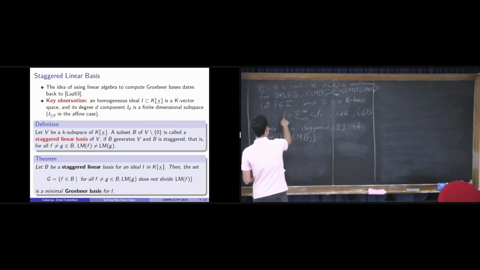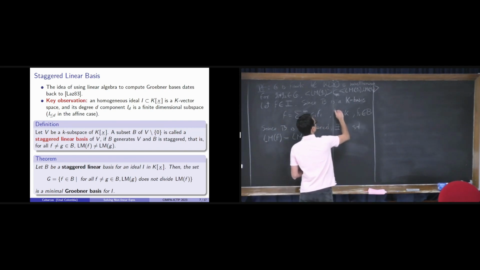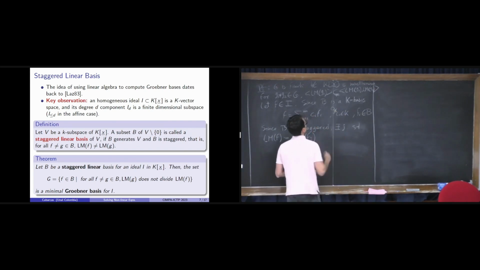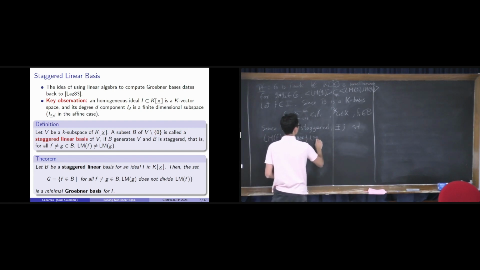The leading monomial of f has to be happening in one of those f sub i's. So if you look at the maximum leading monomial of the f sub i's, this is equal to the maximum among the i's of the leading monomials of the f sub i's.